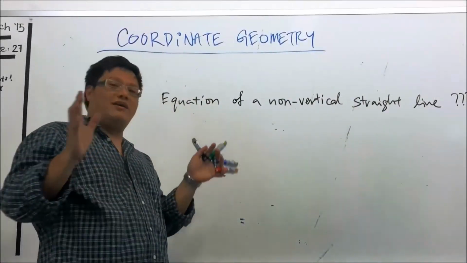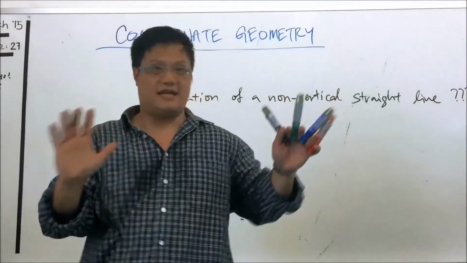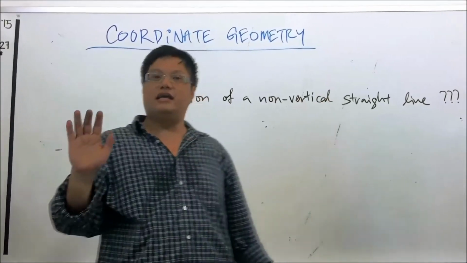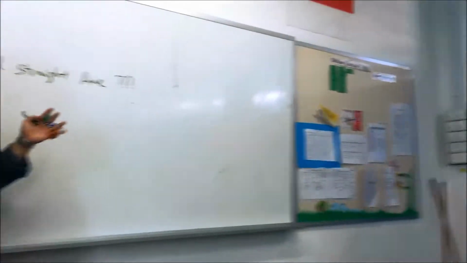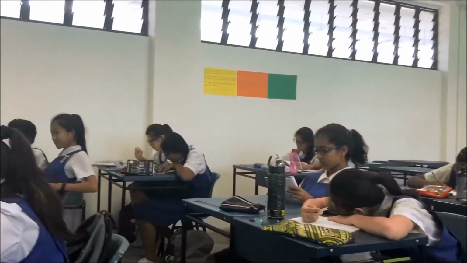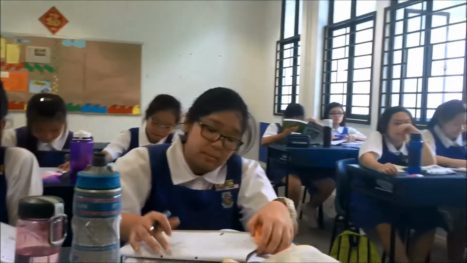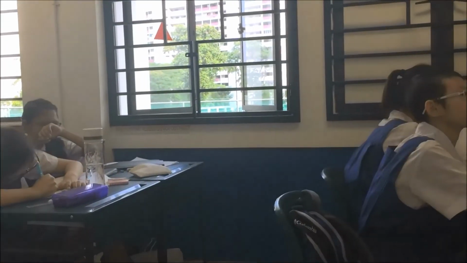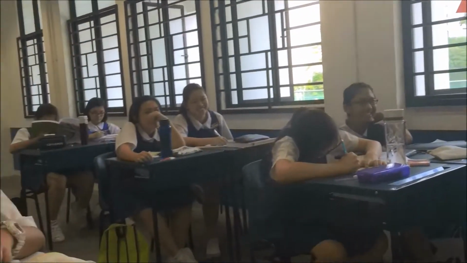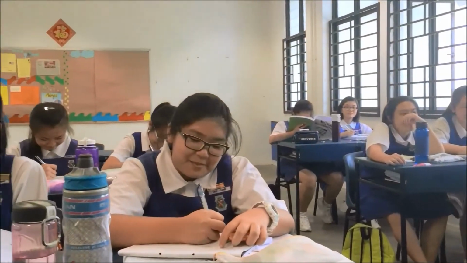Okay, now we're going to talk about the last segment of this chapter. The equation of a non-vertical straight line. When it was introduced to you in lower secondary, it was revealed to you as what we call the gradient intercept form. Can everybody tell me? Let's chorus together. What is the equation of a non-vertical straight line? What is the gradient intercept form?